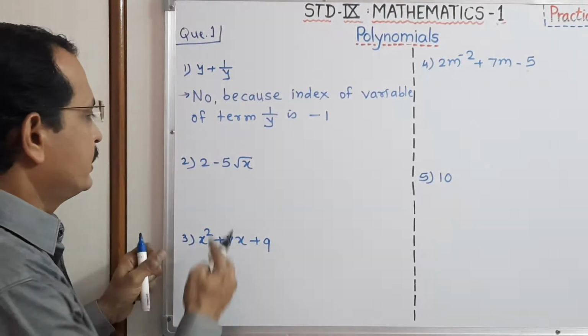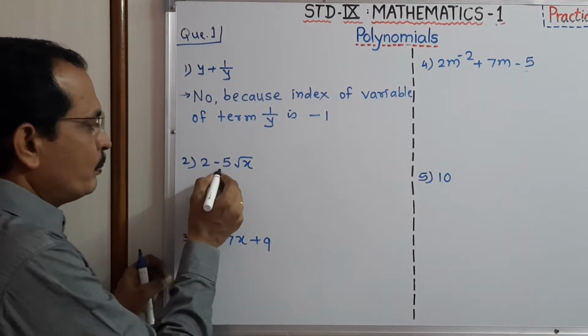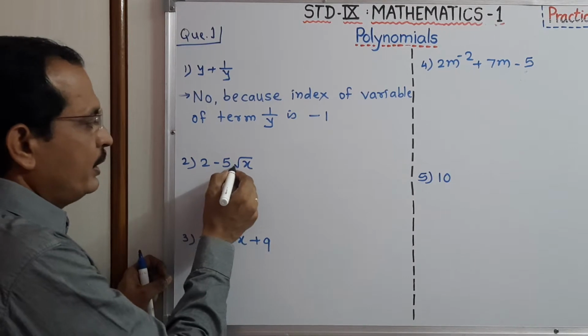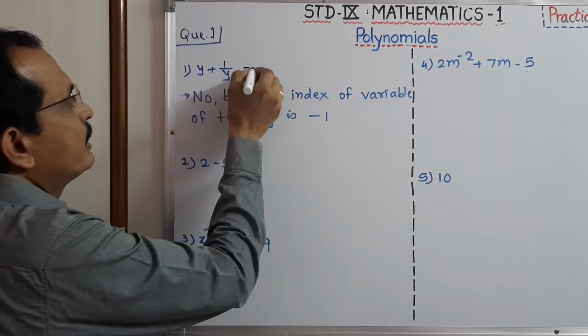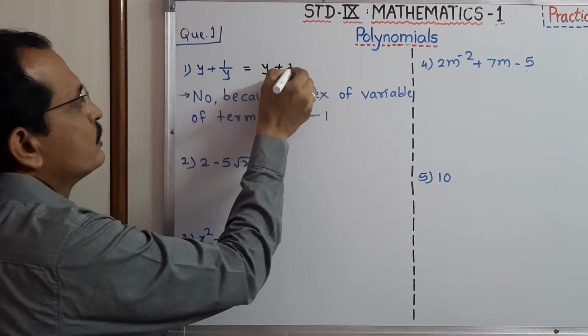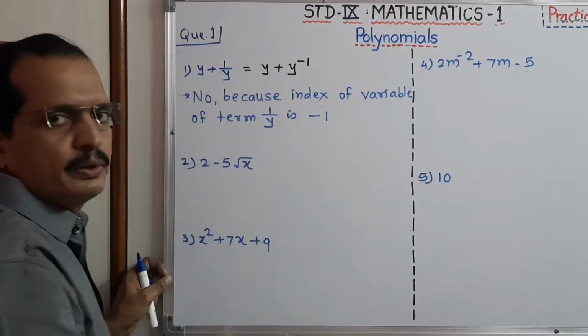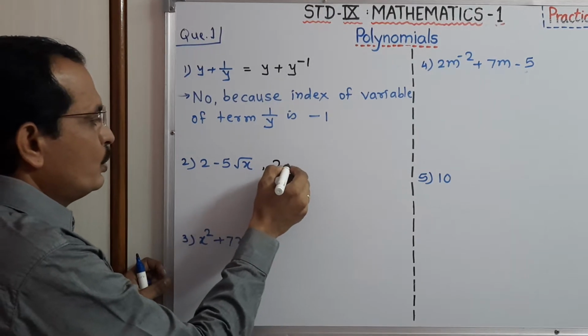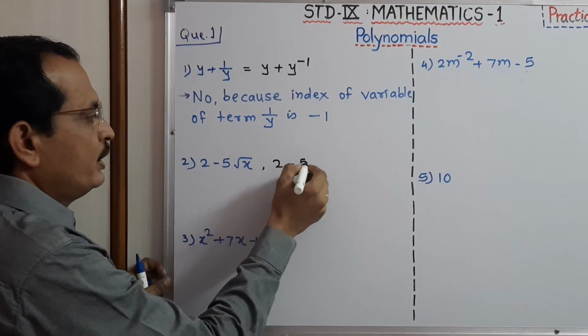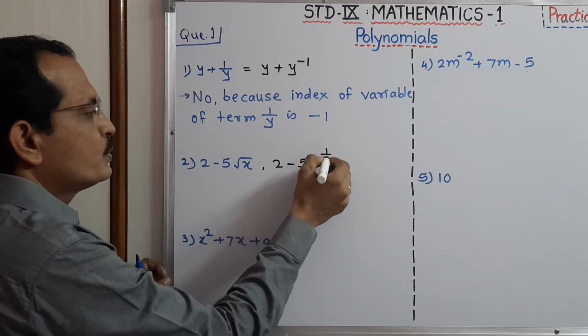Dear students, see here, 2 minus 5 into root x. We can write here like this, y plus y raised to minus 1. See here, we write 2 minus 5 into x raised to 1 upon 2.